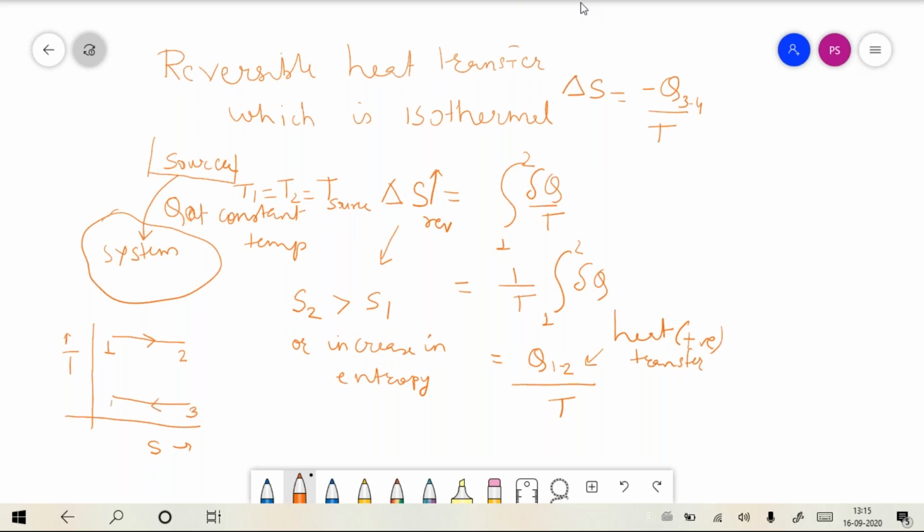In other words, the delta S would be negative.